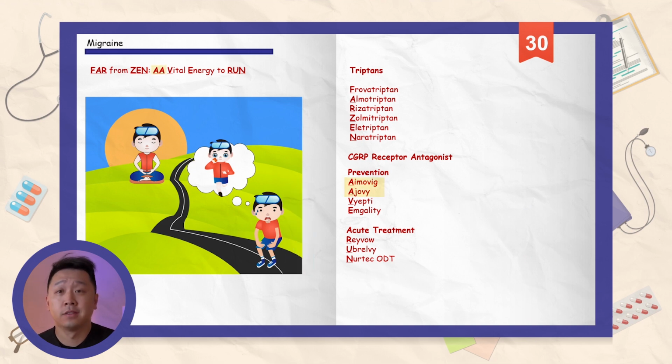The 2A stands for Aimovig, Ajovy, V stands for Vyepti, E stands for Emgality. And the energy drink is used to maintain vital energy. And the run component is the acronym for the acute treatment of migraine, since a person can only run for an acute phase. So R stands for Reyvow, U stands for Ubrelvy, and N stands for Nurtec.